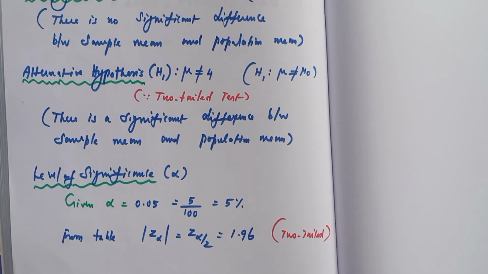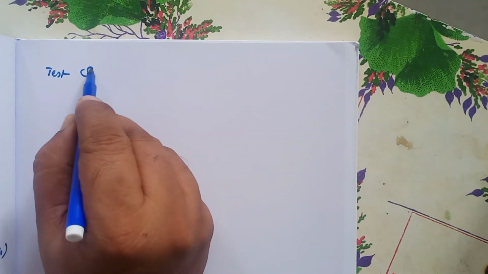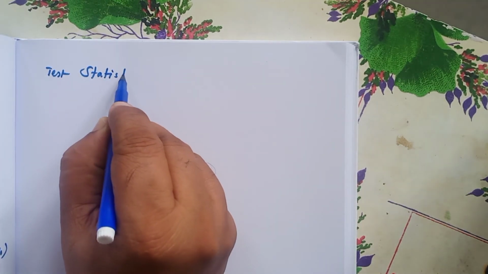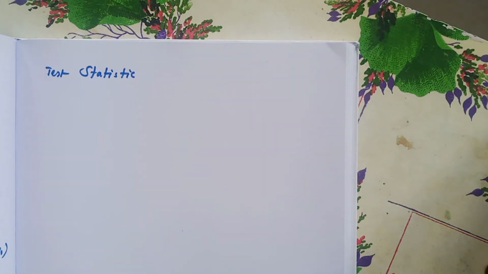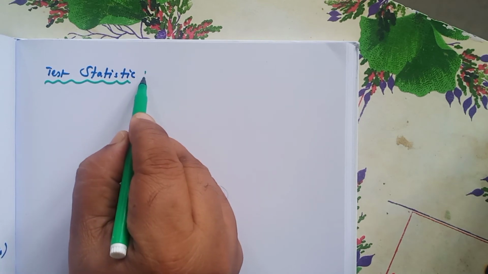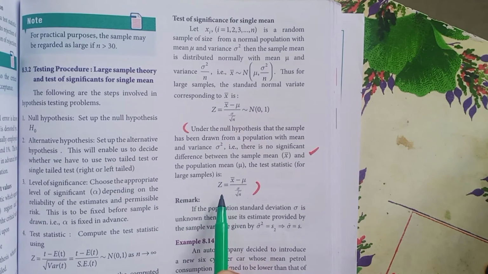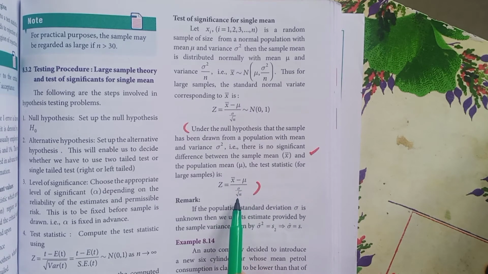Now we can go for the fourth stage, test statistic. That is a heading. For that you have to make use of this formula: Z is equal to x bar minus mu divided by sigma divided by root n.